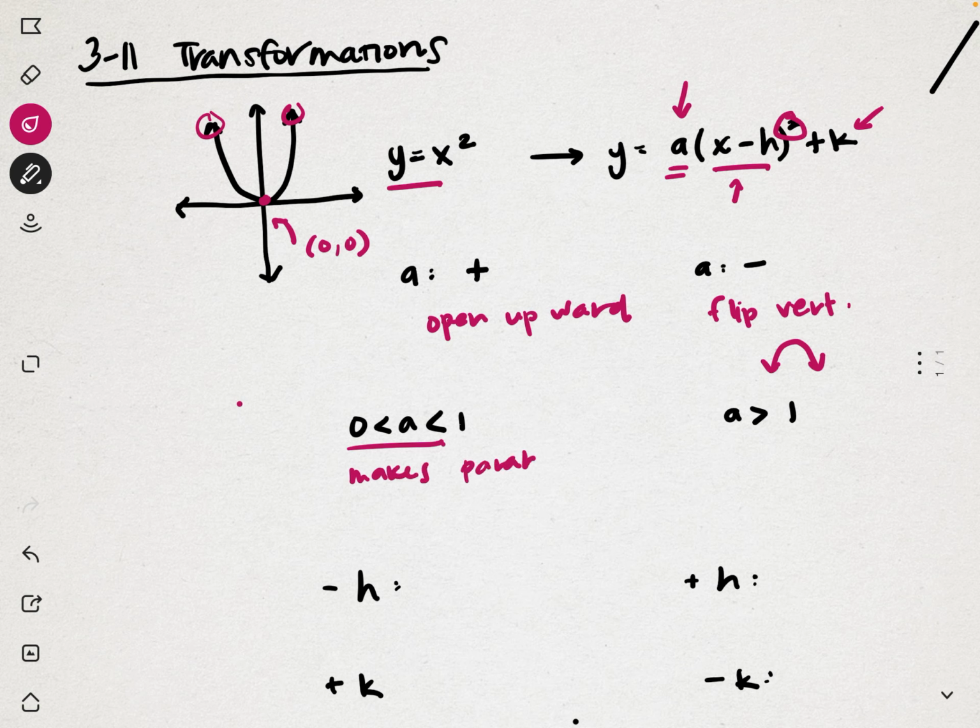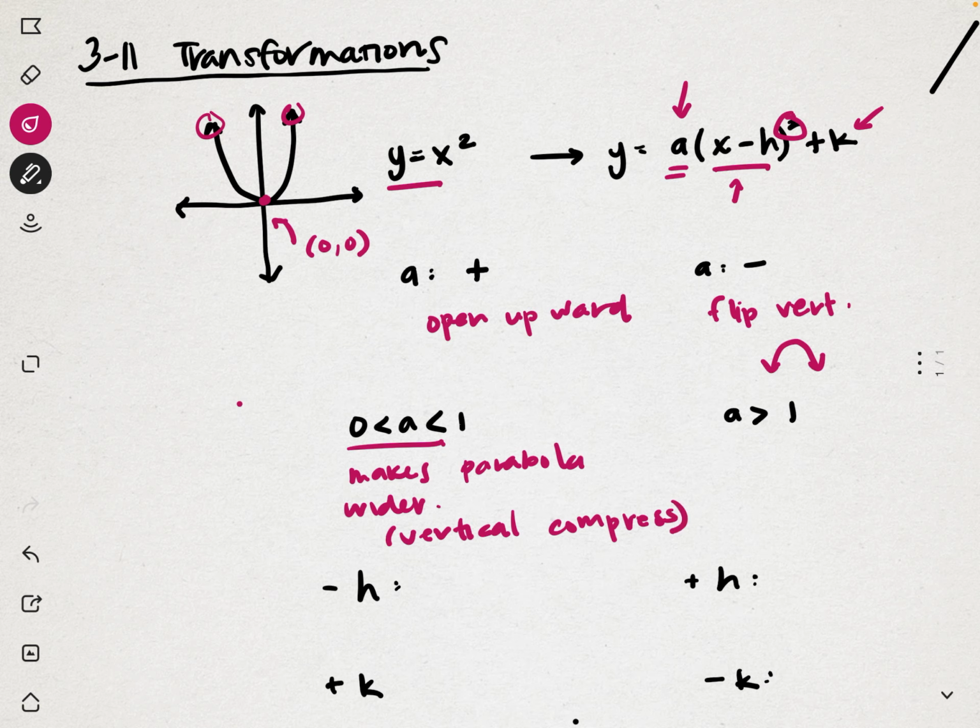The parabola gets wider, and this is called a vertical compression. Compression means to squash, so we're squashing it from the top downwards.